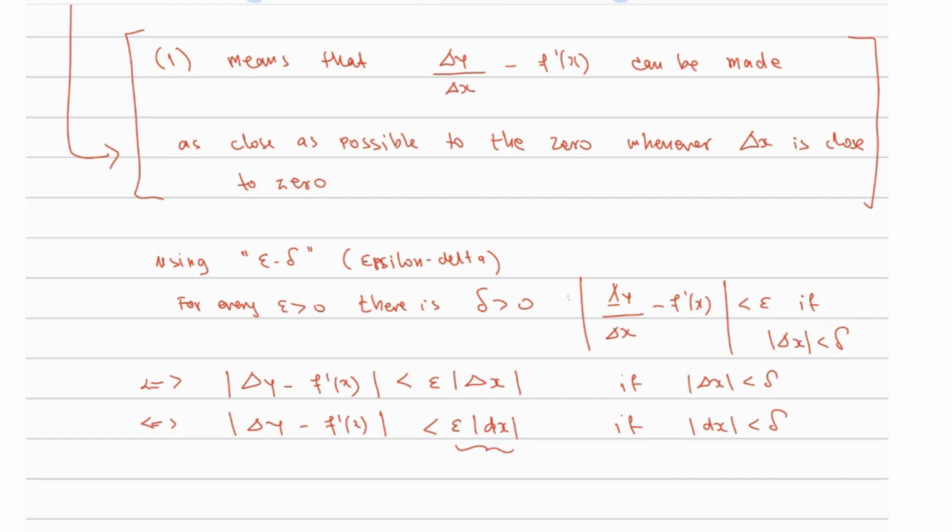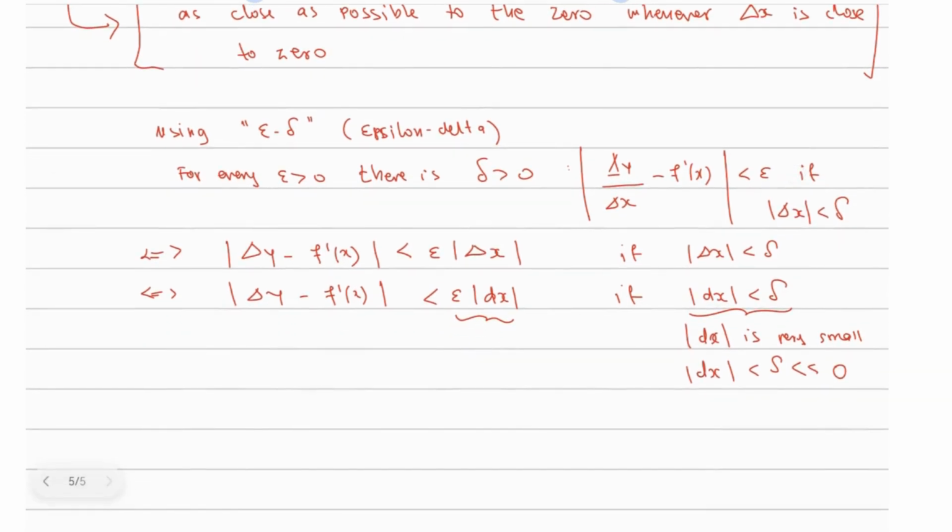This here means that dx is very small, because we assume that dx is less than delta, and that is much less than 0.